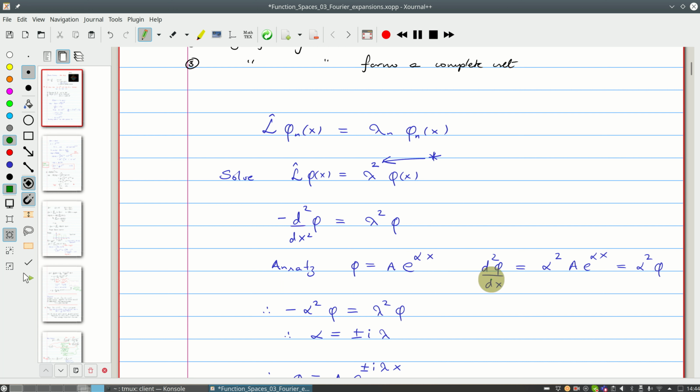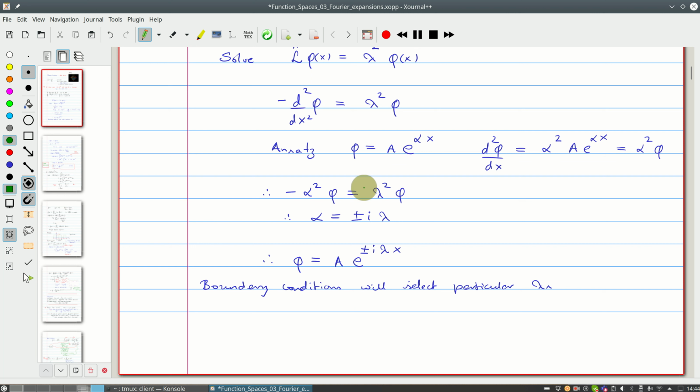If you substitute this guess for phi in here, what you end up with is an equation for alpha, and you get alpha is equal to plus or minus i times lambda. This means that phi is of the form a e to the plus or minus i lambda x, and we will fix a by just normalizing phi in the interval from 0 to 2 pi.